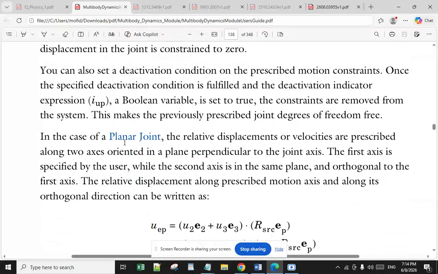You can also set a deactivation condition on prescribed motion constraints. Once the specified deactivation condition is fulfilled and the deactivation indicator expression, a Boolean variable, is set to true, the constraints are removed from the system. This makes the previously prescribed joint degrees of freedom free.